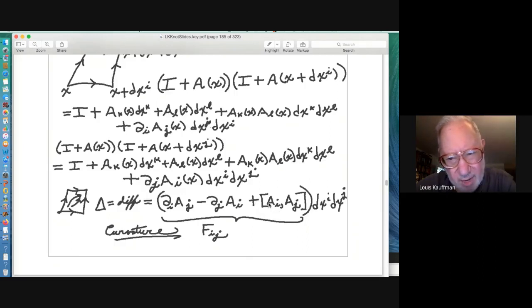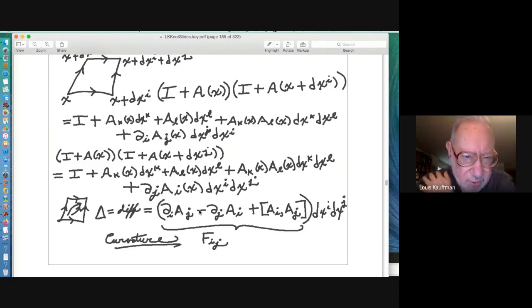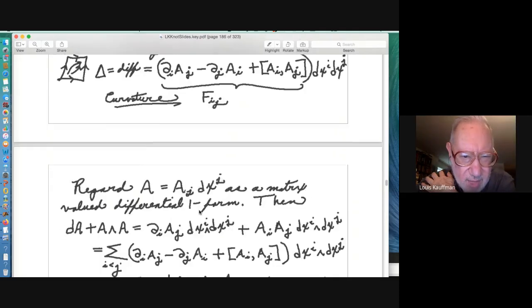If you had an ordinary vector potential, then these commutators would go away, and this would be the formula for the electromagnetic field. So that's why I was going on and on about curvature. That's the formula.